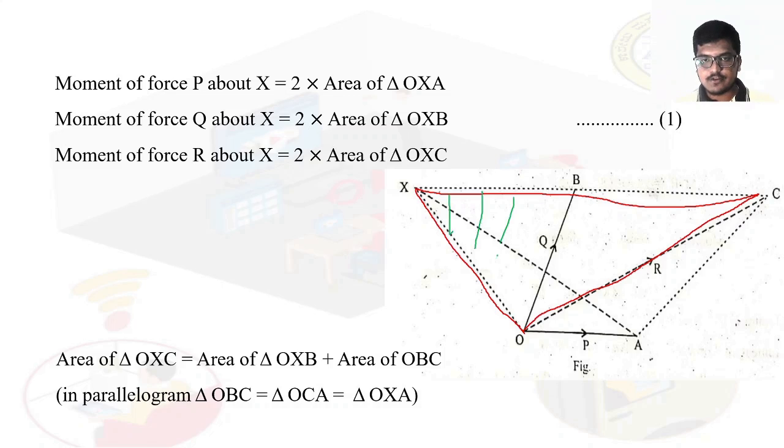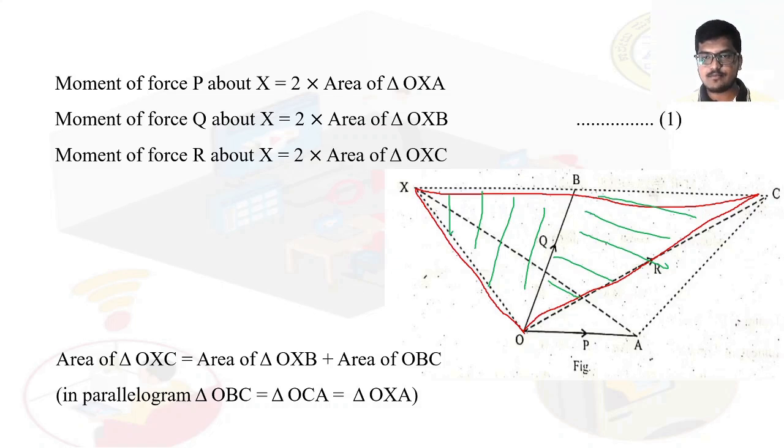Area of this triangle, what is this? OXB, plus area of this triangle, that is OBC. So this plus this will constitute triangle OXC. So what are the triangles? OXB and OBC.